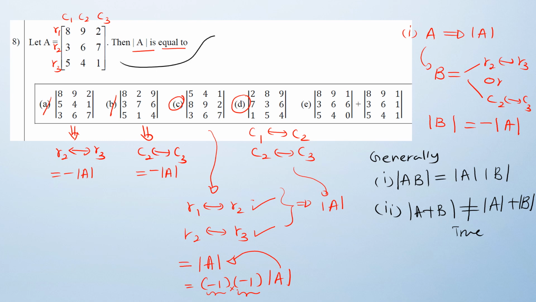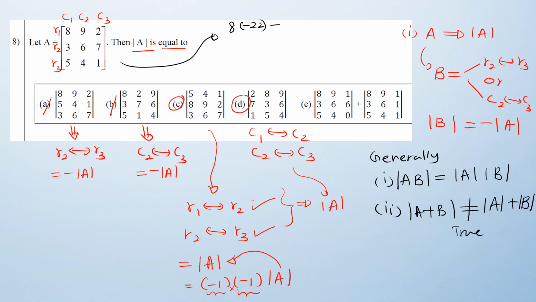Determinant of A, we can expand over the first row. Then we have 8 into the minor of 2. Minor of 2, first row deleted, first column deleted. Then we have minus 22.